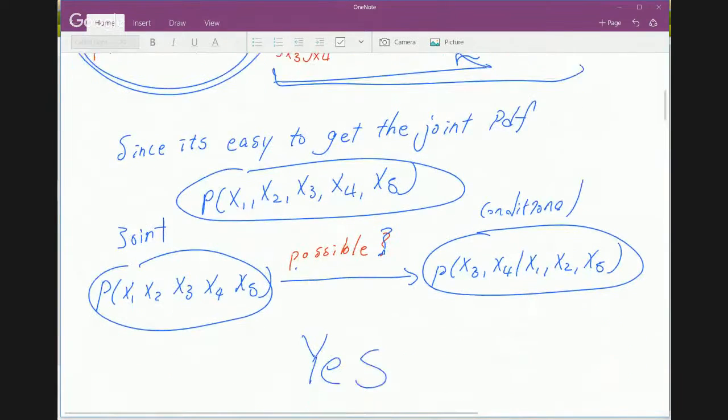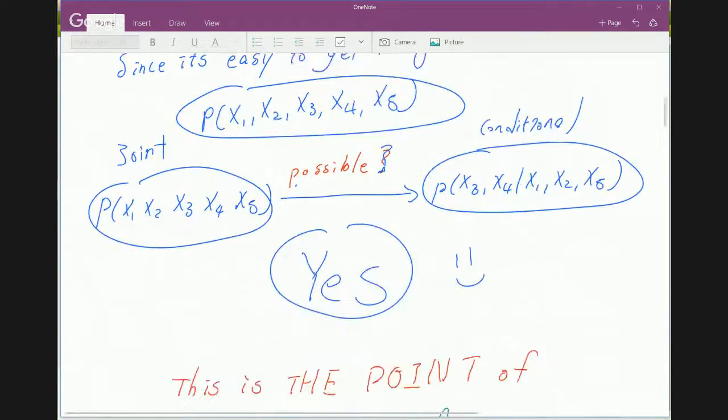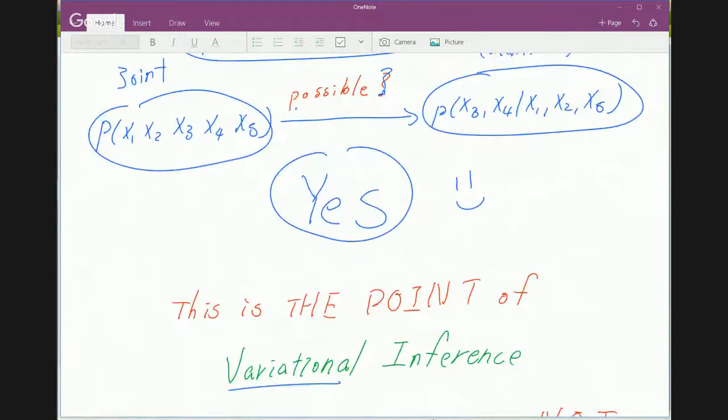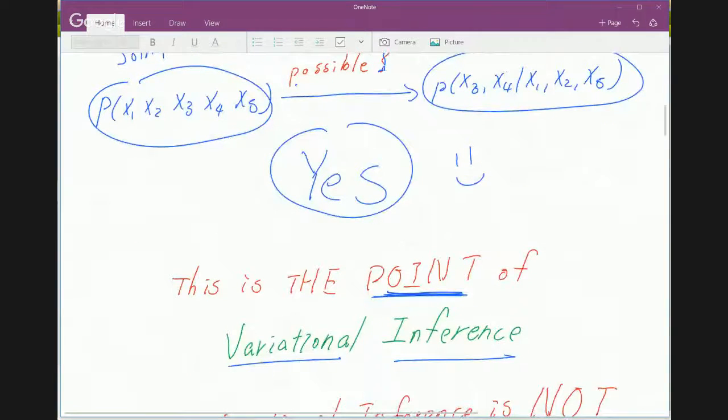Well, yes, that's the answer. Yes, and that's the point of variational inference. The point of variational inference is to bypass the need to solve this integral and just get the conditional directly from the joint PDF.